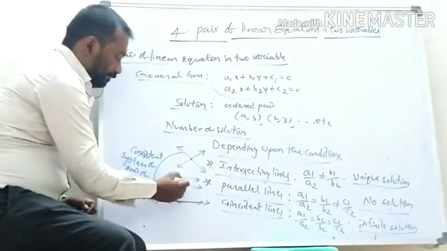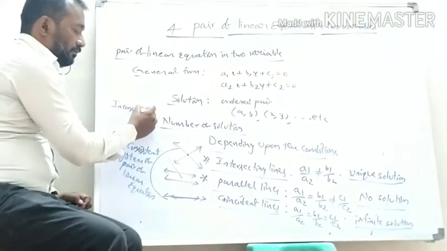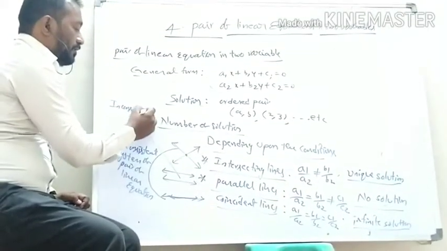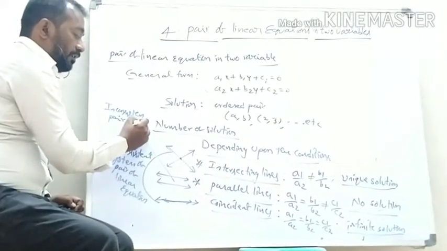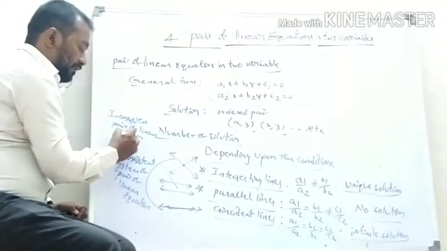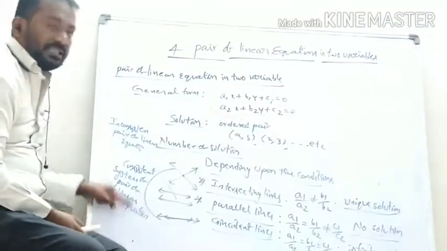This one is the inconsistent pair of linear equations. And these two are called consistent.